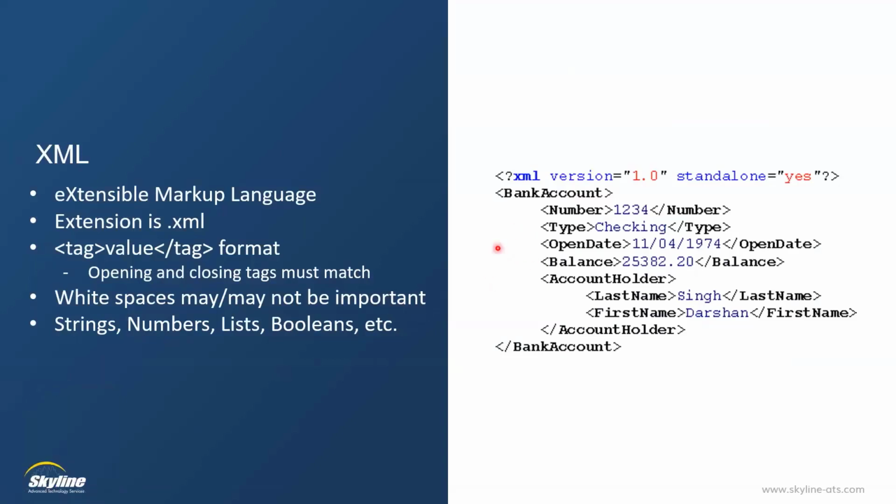All of this white space here does not matter. So some things to keep in mind about XML: opening and closing tags must match, and white spaces may or may not be important depending on where they are. The values between the tags can be strings, numbers, lists, booleans.